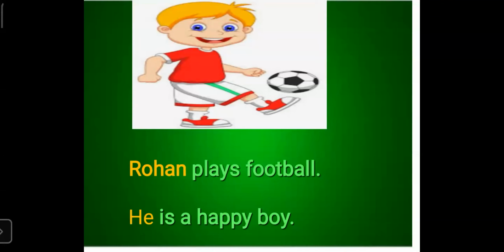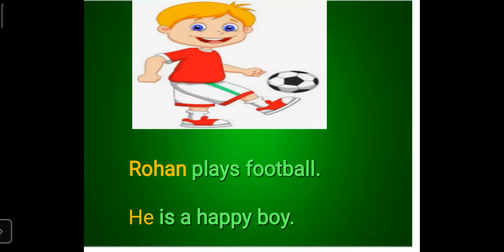We will use the subject pronoun in the second sentence. So: Rohan plays football. He is a happy boy. Why, children? Why have we used the word he? Because Rohan is the name of a boy.